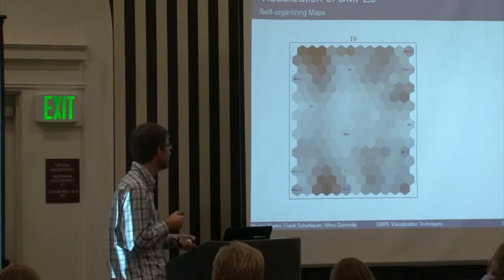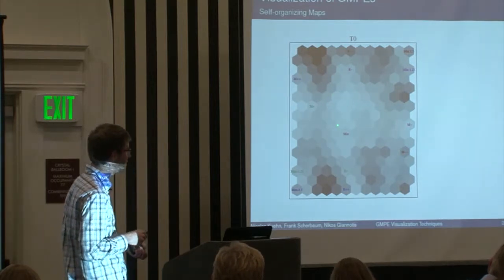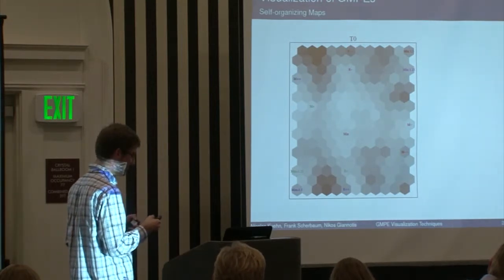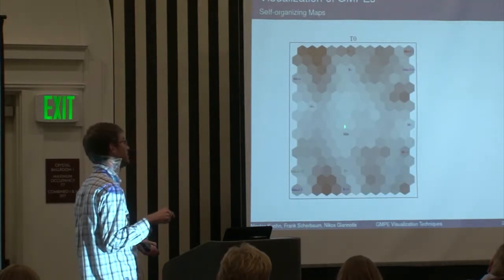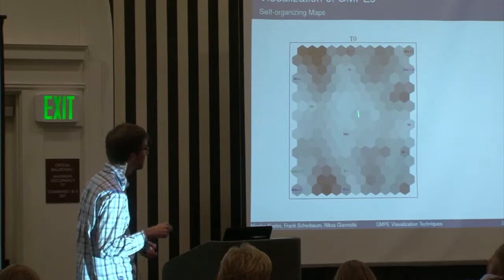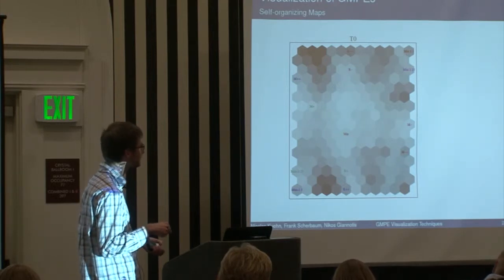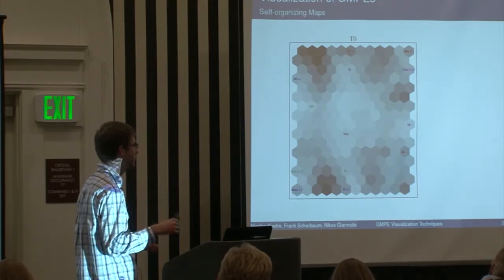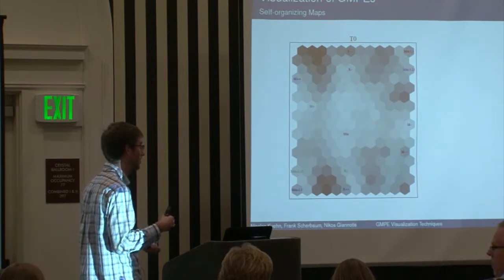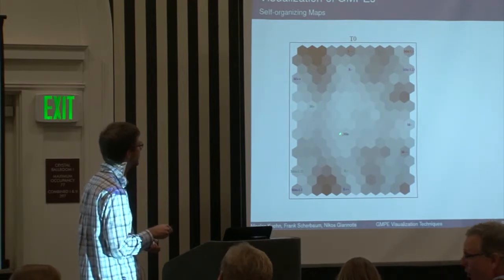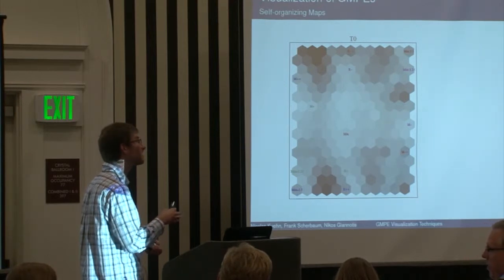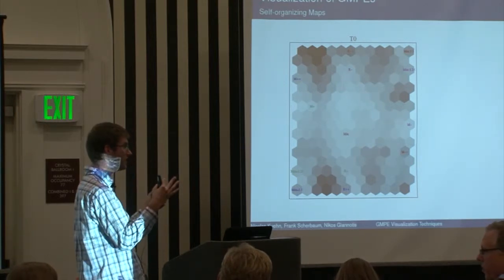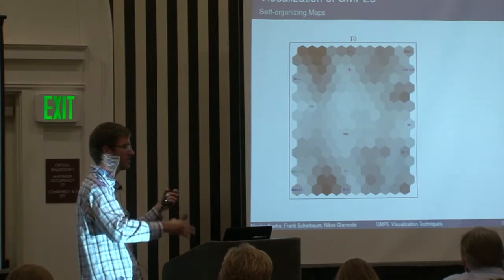That's it for today. The same thing, this is kind of easy to interpret, and you can do the same thing for the self-organizing map. Here I trained a self-organizing map on all the GMPEs. We have the mixture model here, and since this is a nonlinear representation, we don't have these directions anymore.